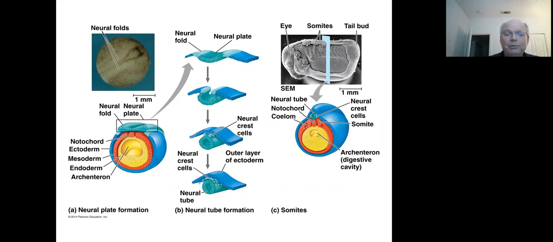So you're going to see when we start talking about the animal kingdom that some of the basal animals, some of the basal bilaterals, lack a body cavity completely, even though they have a gut cavity. The gut cavity does not count as a body cavity. They are separate entities.